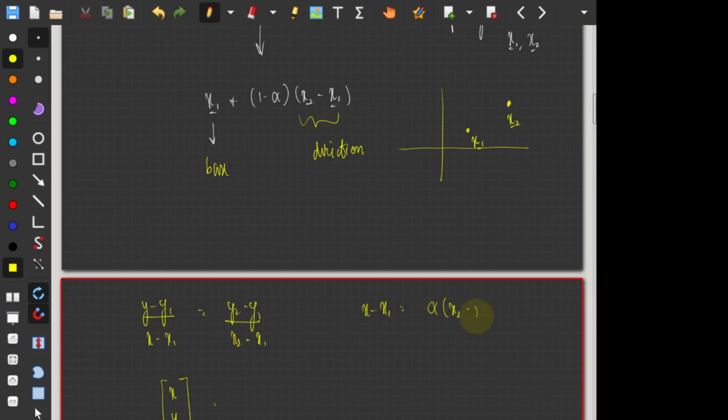And similarly y minus y1 would be alpha times (y2 minus y1). So on dividing those equations, you will get our equation.